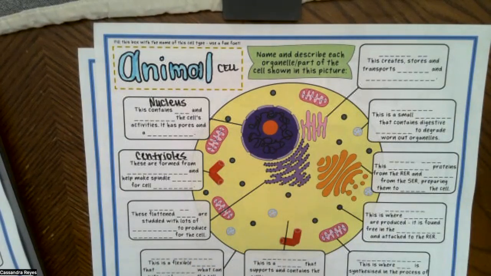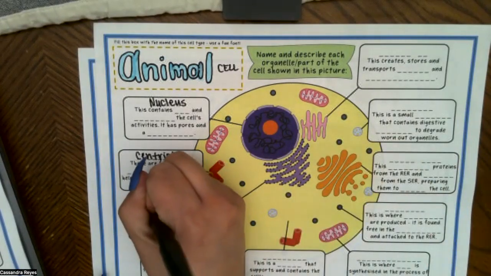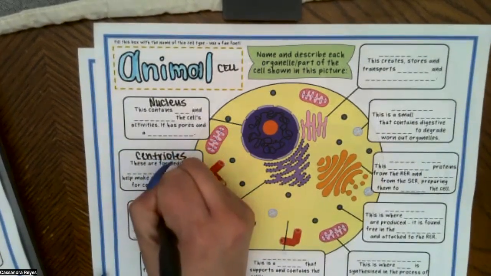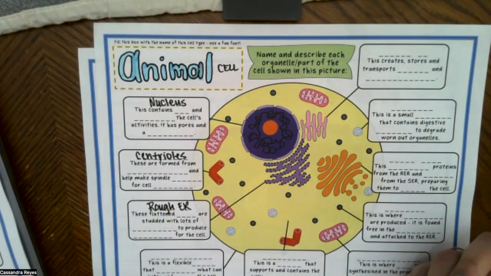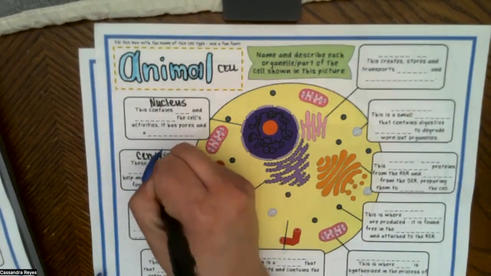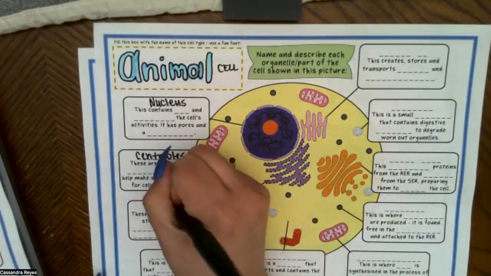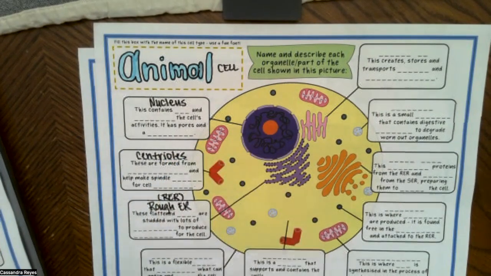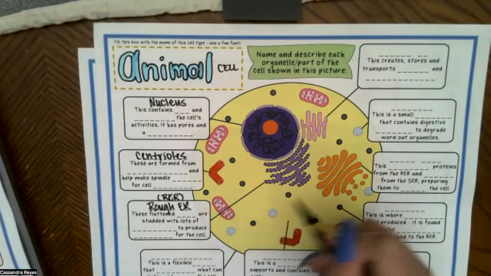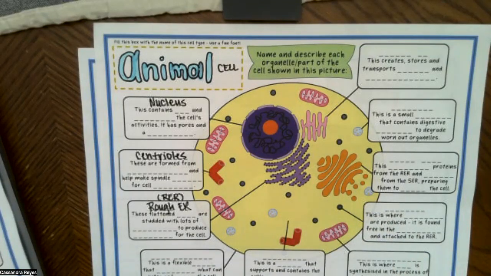This stuff over here is what is known as the rough ER. And what I'd like to point out is that rough ER in this assignment is often referred to as RER, but it's going to mean the same thing. So I just want to make that note. You guys make that note as well.